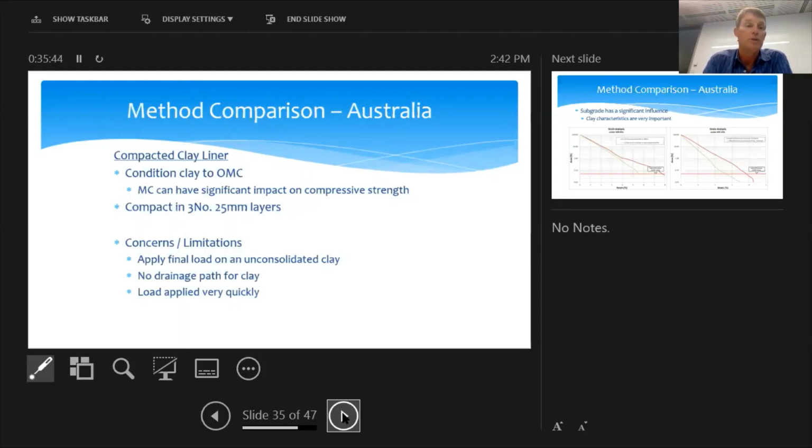With the way that we do the testing at the moment, there's no drainage path for that water to flow, and because we load it up so quickly, there is no time for the water to escape, so we have a relatively plastic clay liner in place.